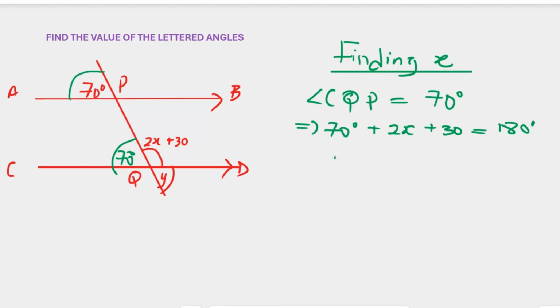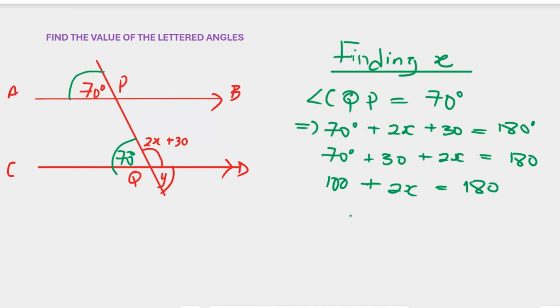They are angles on a straight line. So we just have to collect like terms. 70 and 30 are like terms, plus 2x equal to 180 degrees. So 70 plus 30 gives me 100, right? 100 plus 2x is 180 degrees.